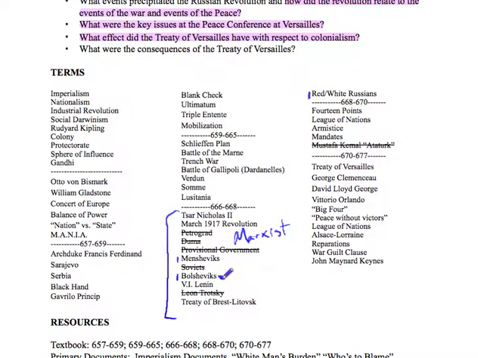These guys believe in a revolution that can be started at will, basically. They believe revolution is something that can be manufactured and created and started at a particular point, led by what they would call a revolutionary elite. Whereas the Mensheviks believe that the revolution will naturally occur. You really can't force it.